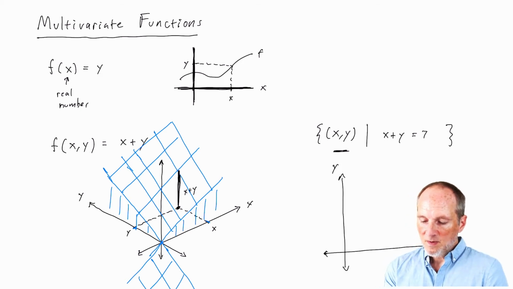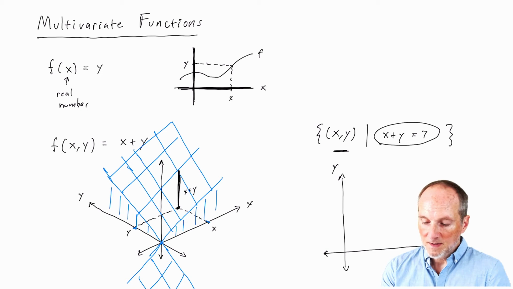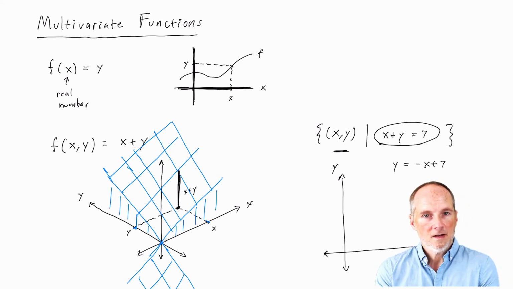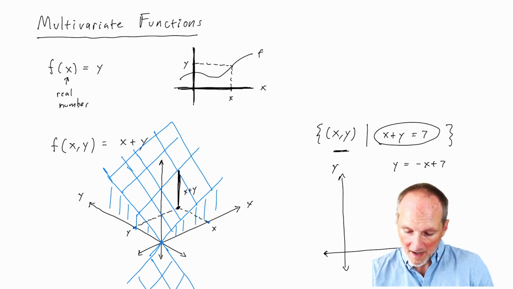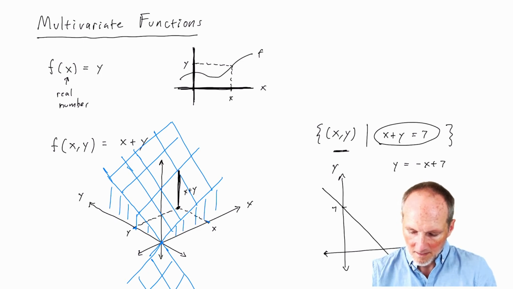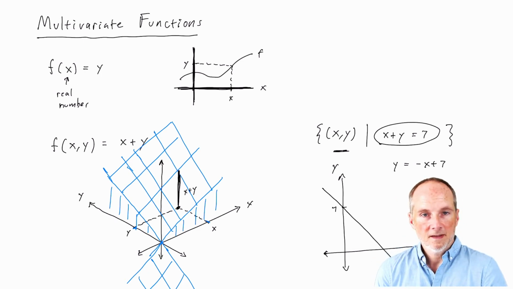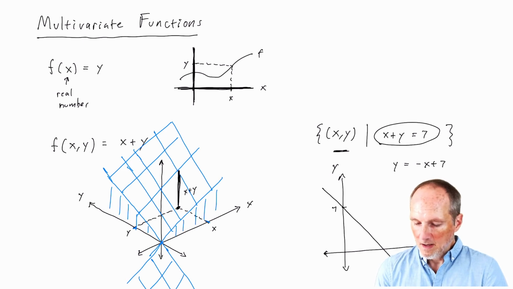And it's going to be xy pairs that are in this relationship. Of course, x plus y equals 7. That's the same thing as saying y equals minus x plus 7. But that's the formula for a line in the plane. So we can graph that. And if this is the value 7, the graph of that line is going to look something like this.